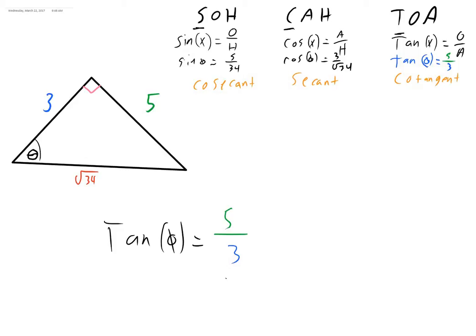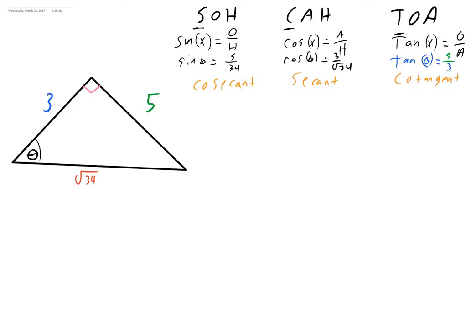Okay, so now we can go into what cosecant, secant, and cotangent are. These are literally just terms that are the inverse or the reciprocal of the above mentioned trigonometric functions.